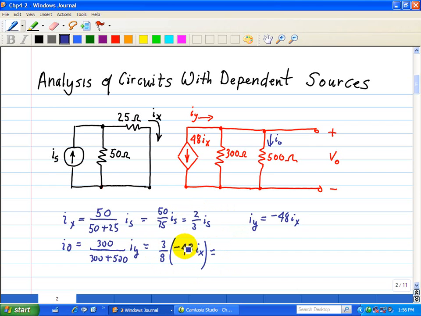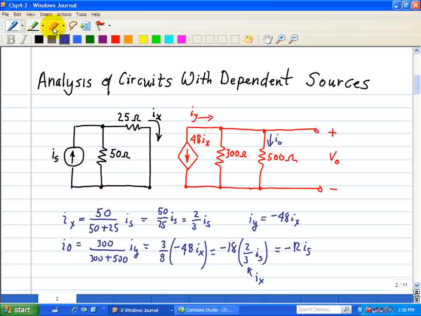And we see that negative 48 cancels out with this 8, and we're left with minus 18, since 48 divided by 8 is 6. 6 times 3 is 18, and Ix is 2/3 Is. So remember, this is Ix now. So 18 divided by 3 is 6, and that leaves a minus 12 Is. Let me clean that up a little bit.